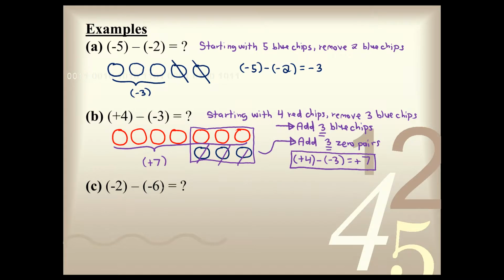So let's do one more here. You have -2 subtract -6. Turning this into a statement would be: starting with 2 blue chips, since a negative integer is blue, remove 6 blue chips.